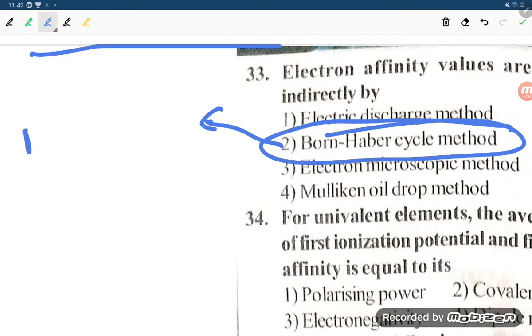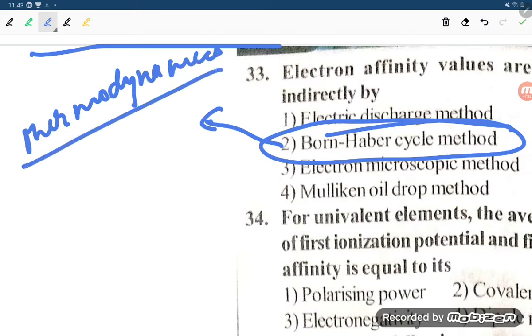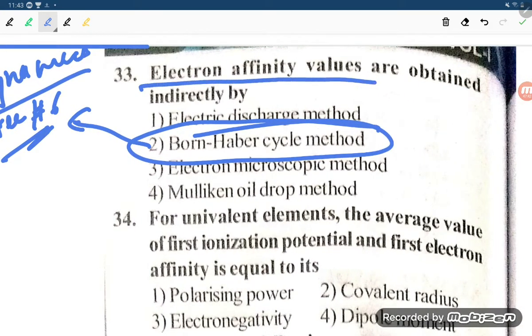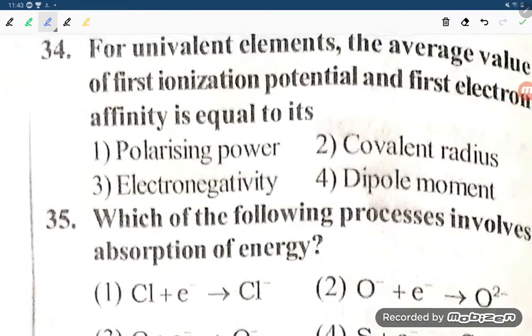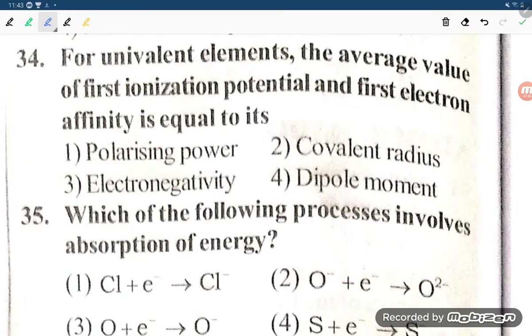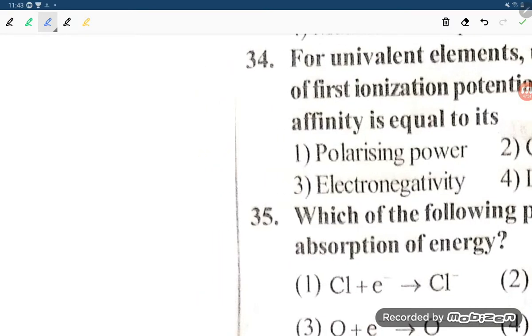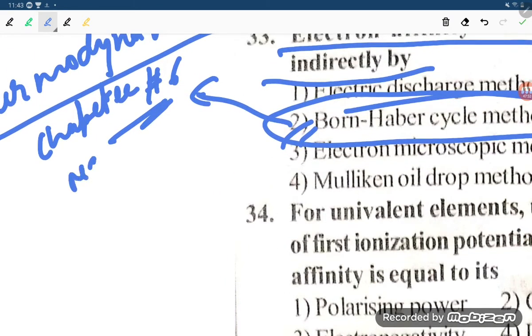Student, we will study the Born-Haber cycle in the thermodynamics chapter, which is chapter number 6. There you will study it. So electron affinity values are obtained indirectly by the Born-Haber cycle. This is chapter number 6 in the NCERT, student, don't get confused, you can go through the NCERT book.